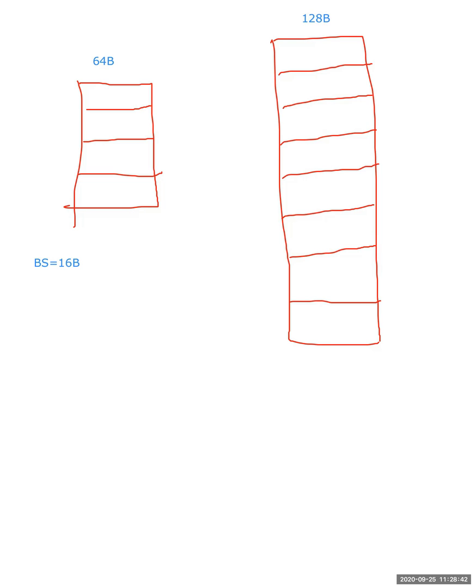Now, what happens if L2 cache has a block size of 32 bytes? Why would you have a block size of 32 bytes in L2 and not 16, for example? Okay, there is spatial locality of reference. But what did we say when we increase the block size? What happens?